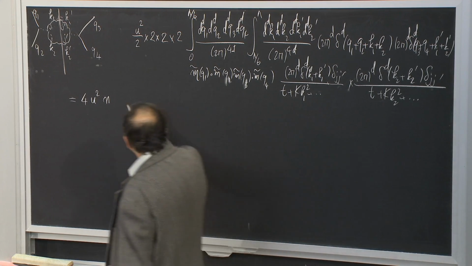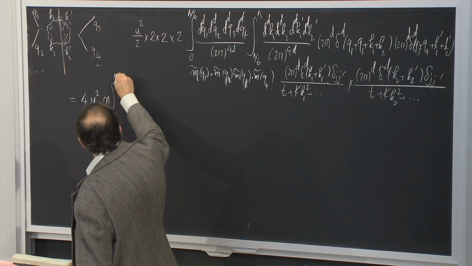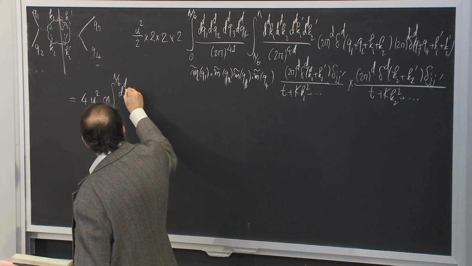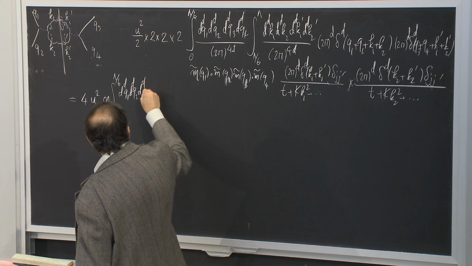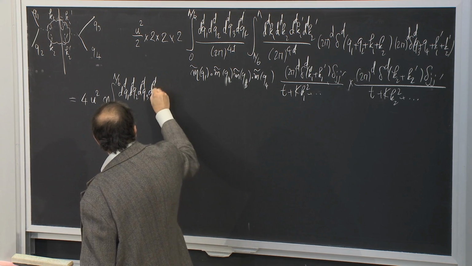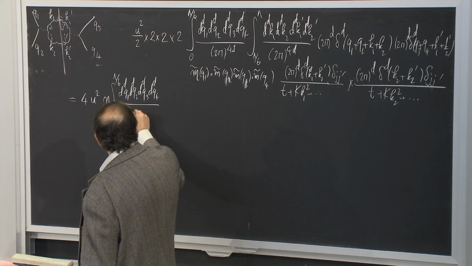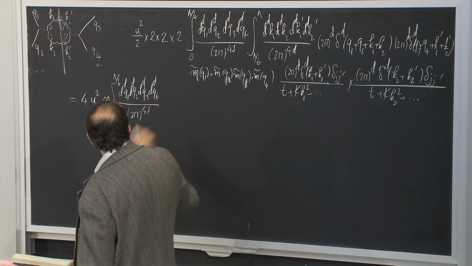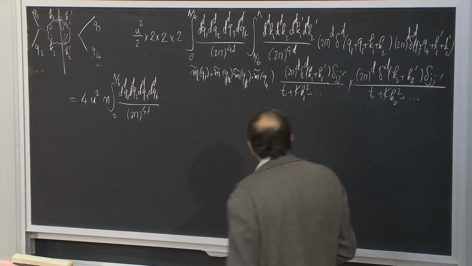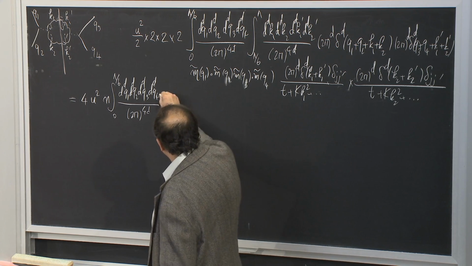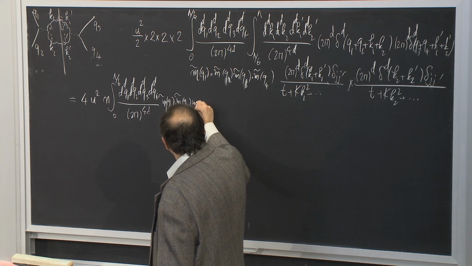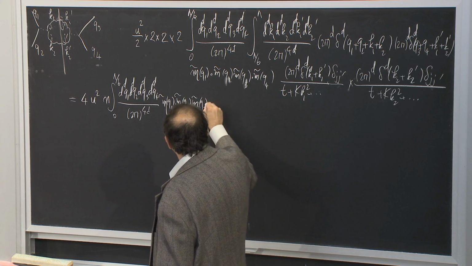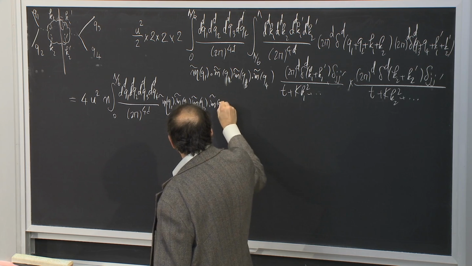I have the integrations 0 to lambda over b, dd q1, dd q2, dd q3, dd q4, 2 pi to the 4d, and then this m tilde q1, m tilde q2, m tilde q3, dotted with m tilde q4.